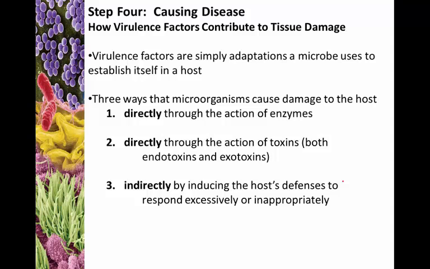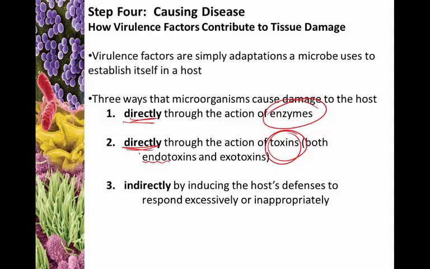So, 2 types of direct damage. In other words, the microorganism is responsible. Direct damage by the action of enzymes and direct damage by the action of toxins. This will include both endotoxins and exotoxins, so we're going to revisit endotoxins. And indirect damage, meaning that the damage itself is not caused by the microorganism.